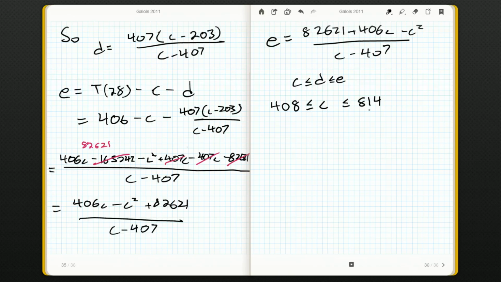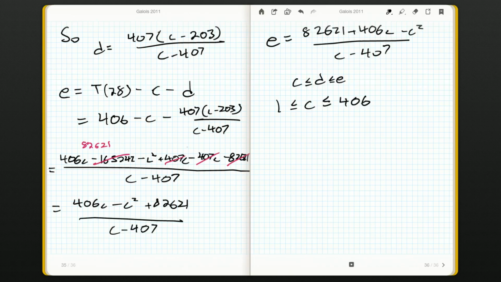Oh, no, sorry, 406. Wait a minute, what? Oh, this could be negative. Okay, never mind. So C has got to be between 1 and 406.